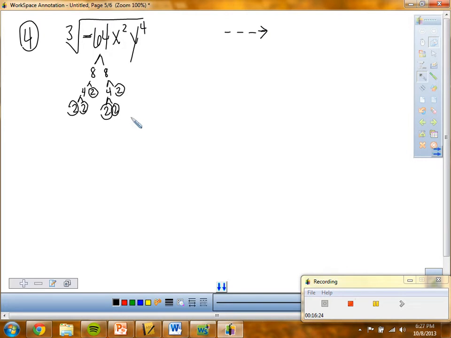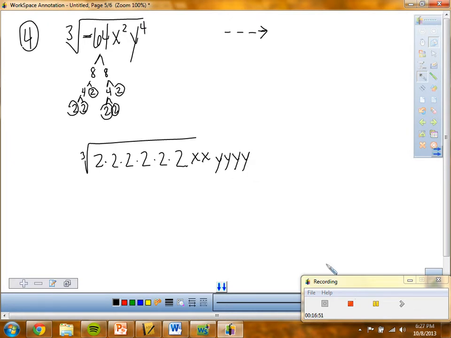So what number do I want to pull out? Well, if we expand everything, my third root of 2 times 2 times 2 times 2 times 2 times 2. We have 2 x's and 1, 2, 3, 4 y's.